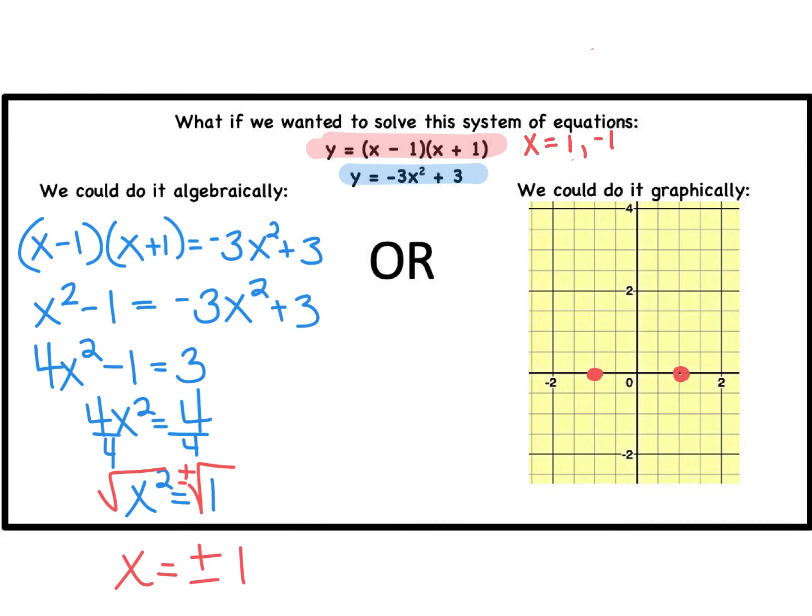So the vertex would occur halfway between. Well, halfway between those would be 0. So my vertex is going to be 0, comma, and then I need to plug 0 in. So I'd have 0 minus 1 and 0 plus 1, which would be negative 1 times 1 is negative 1. Okay, so my vertex occurs at 0, negative 1, and I'm going to connect this to make a smooth curve.